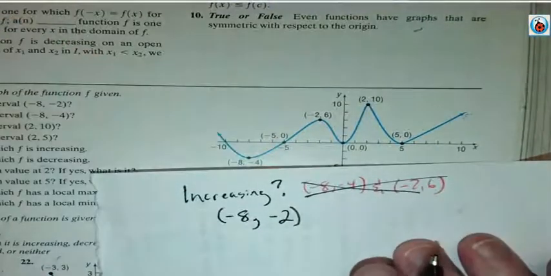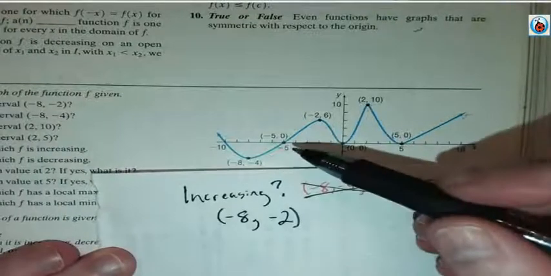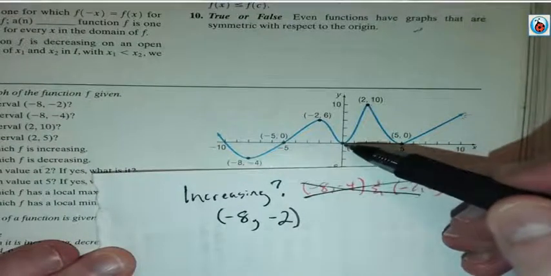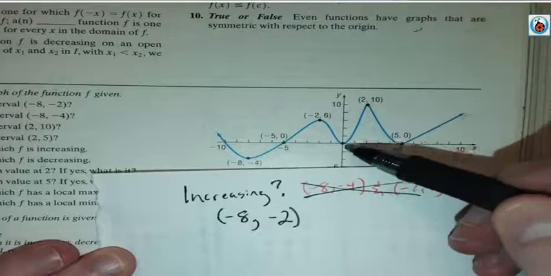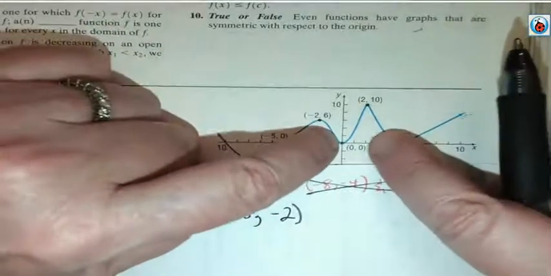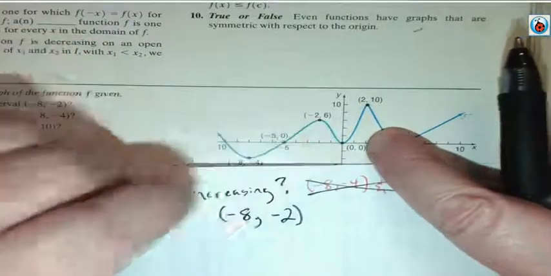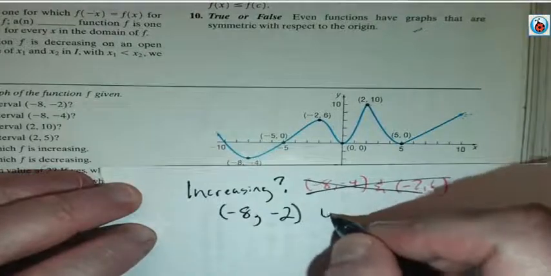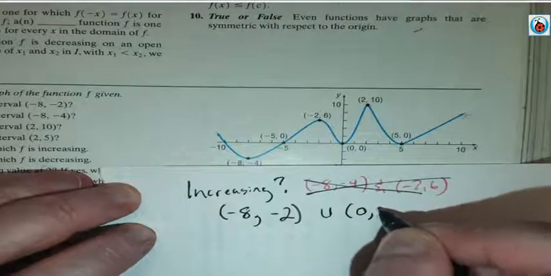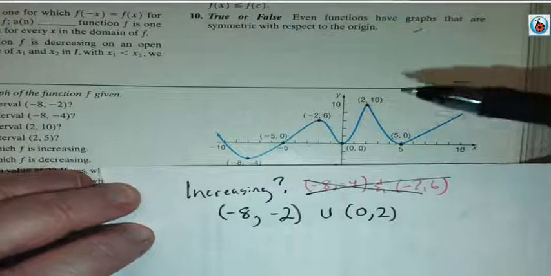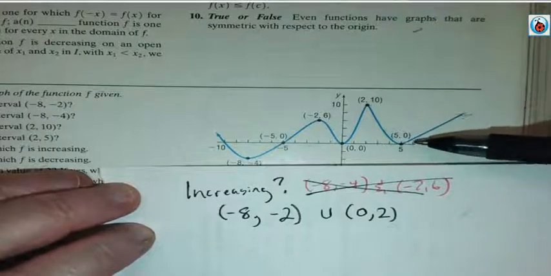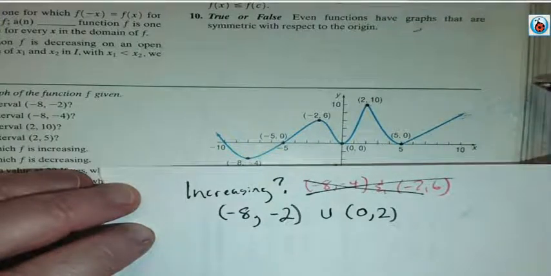Now, is it traveling uphill anywhere else? When we move left to right, yes it is, from here to here. Where does this happen on the x-axis? When x is between 0 and 2. And does it happen anywhere else? Yes, it happens here. And it's going to go on forever.